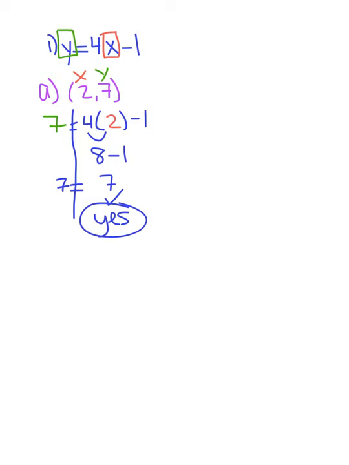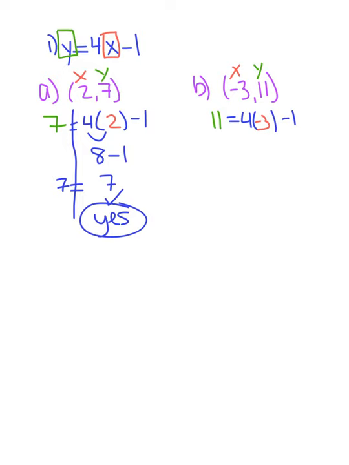Okay. All right, let's try another one. So we got B. Let's try the point -3, 11. The -3 is my x. The 11 is my y. So for this equation, we'll start with the y. So I have y, 11, equals 4 times that -3, and then we're going to subtract 1 from that, right?